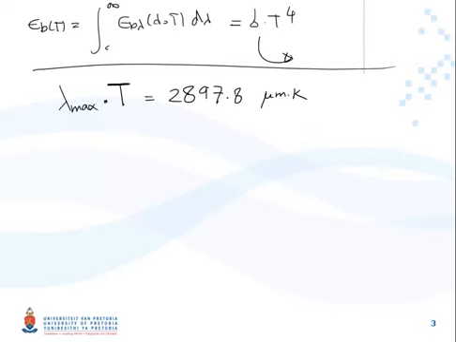We call this Wien's displacement law. We said that this lambda max is not the maximum wavelength, it is the wavelength at which the emissive power is maximum for a given temperature.